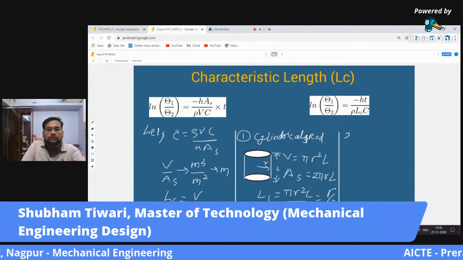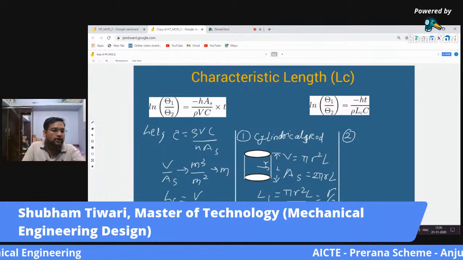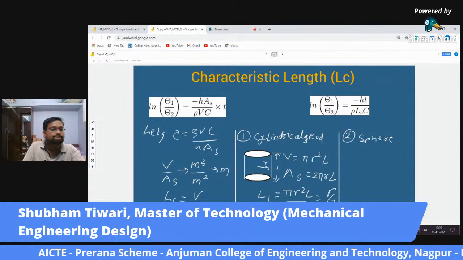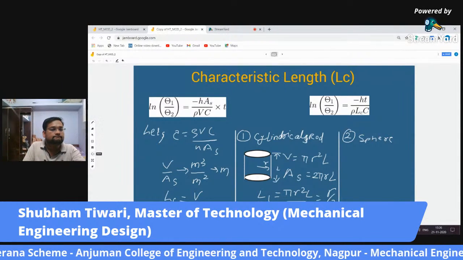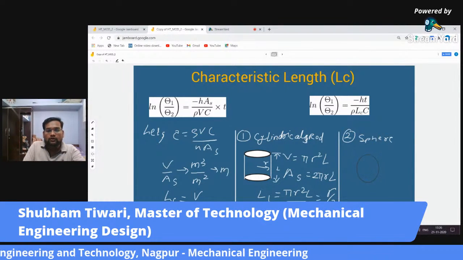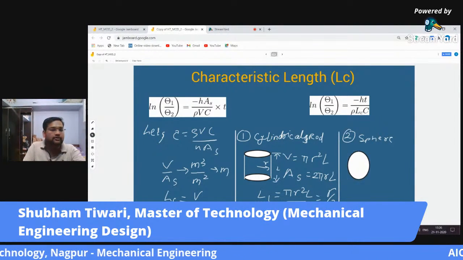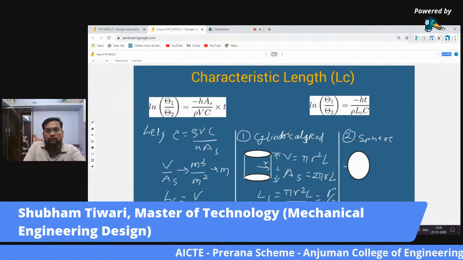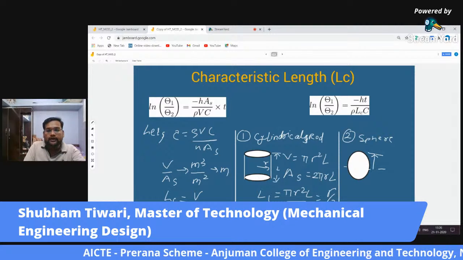Now the other important shape or body we have is the sphere. So let us assume that this is a sphere. It has a radius r.